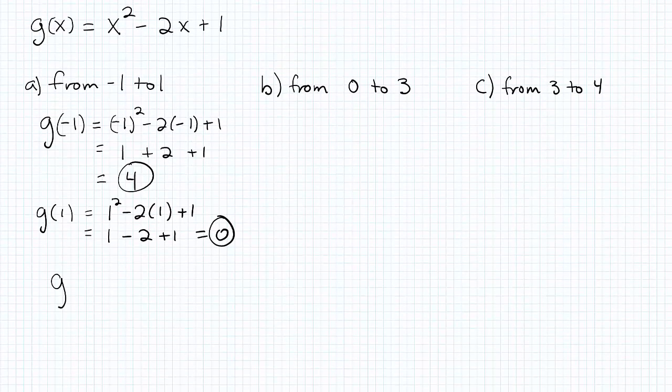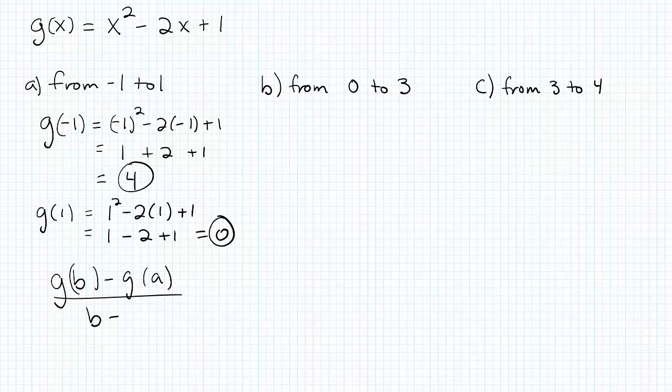So basically, we're going to do g of b minus g of a over b minus a. And what that means in this specific example is simply g of 1 minus g of -1 over 1 minus -1. And that, of course, will give you, well, we said g of 1 was just 0, right?